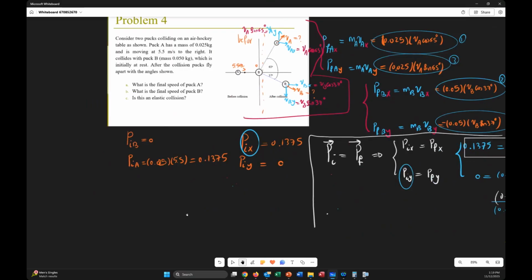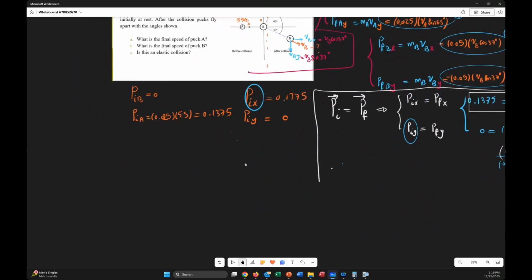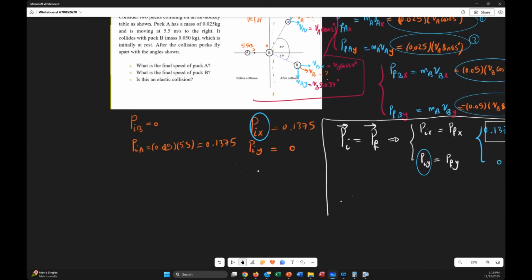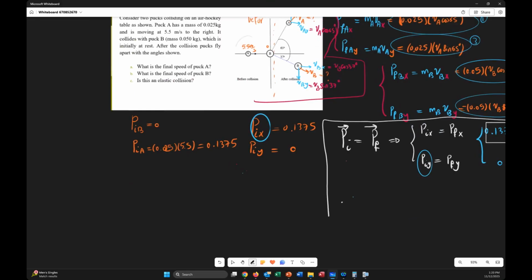Energy before should be equal to energy after. What was the energy before? Just this one has energy, yes? 1/2. What was the mass of A? 0.025 times velocity squared, 5.5 to the power of 2. This is the energy before, yes?